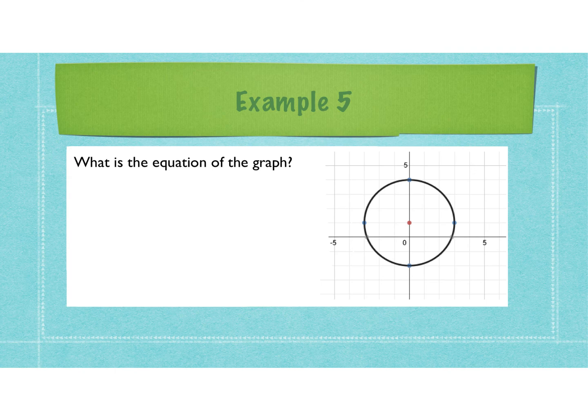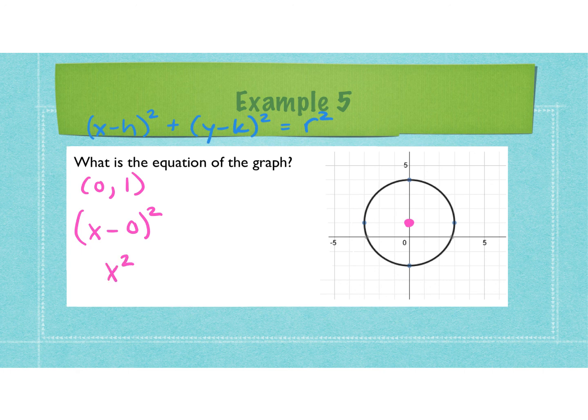So again, I'm going to write my standard form equation up here so we can see it. I have x minus h squared plus y minus k squared is equal to r squared. So what's my center in this circle here? 0 comma 1. So in my standard form equation here, I have x minus what? 0 squared. How can I rewrite x minus 0? What's x minus 0? Just x, right?